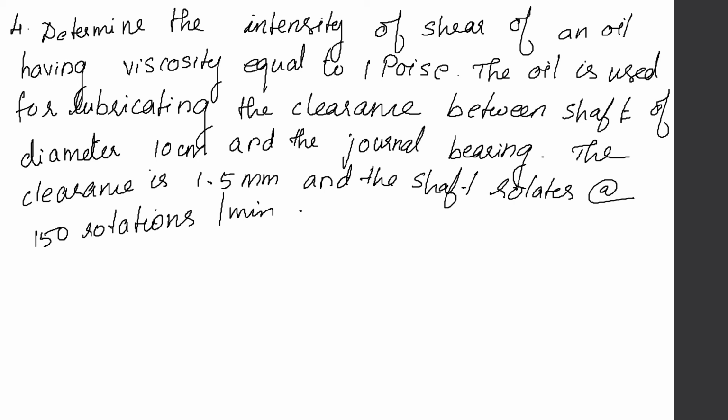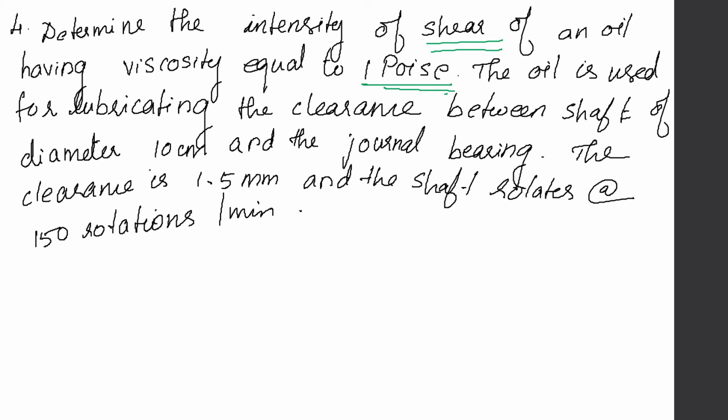So what is given in our question? Determine the intensity of shear of an oil having viscosity. We need to find the shear tau. The viscosity is given as 1 poise.